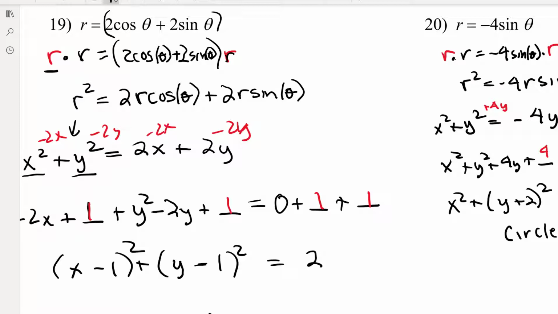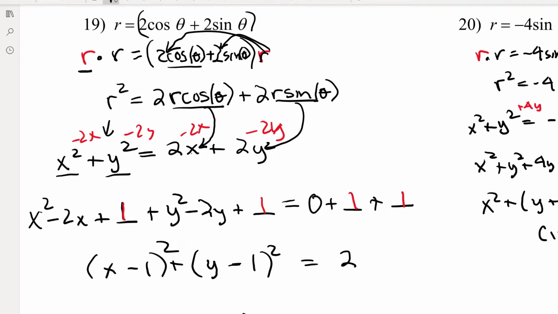Well, since I'm multiplying this side by r, r cosine converts to x, r sine converts to y, so 2x, 2y. Since this is x squared plus y squared, we want to get the x's and the y's over to the other side. So we subtracted 2x, subtracted 2y.